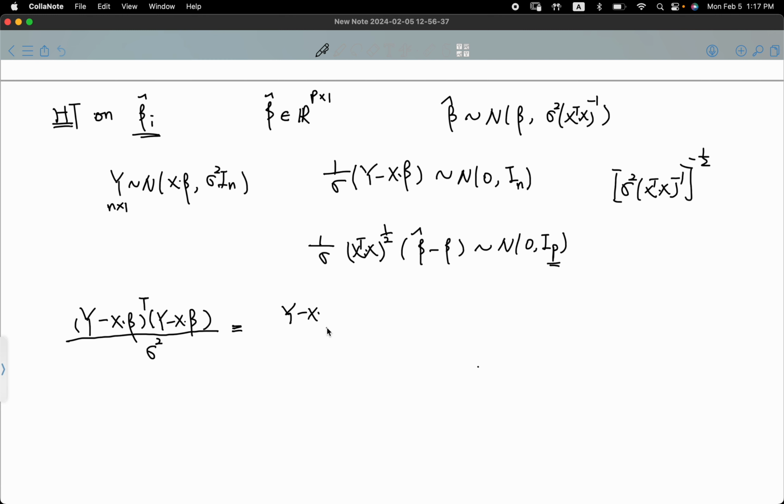So y minus x beta, and then we're going to plus x beta hat minus x beta hat.